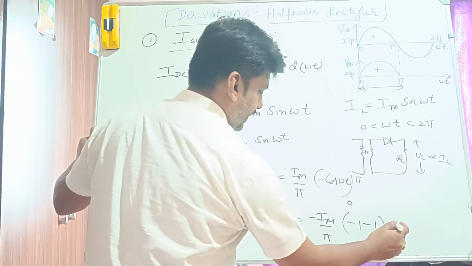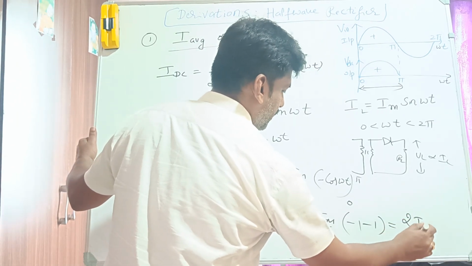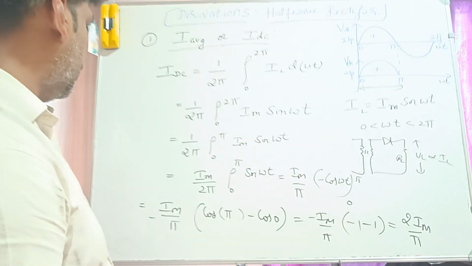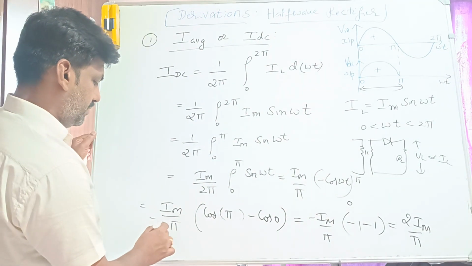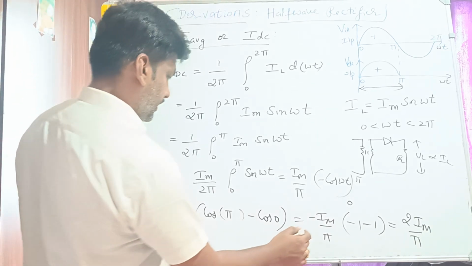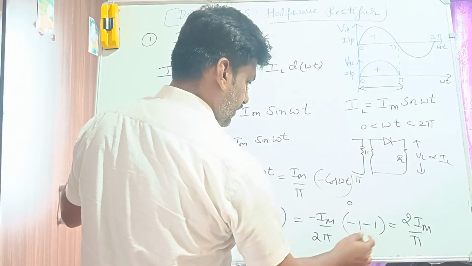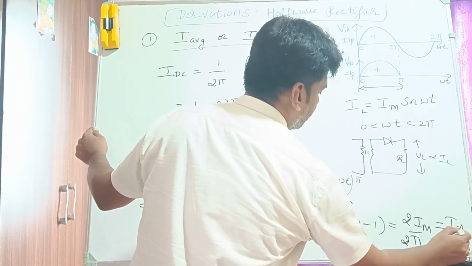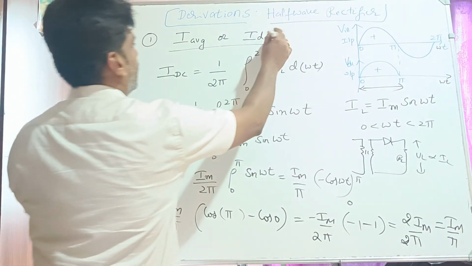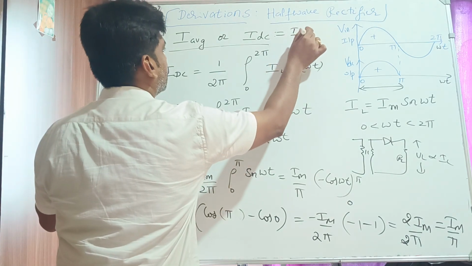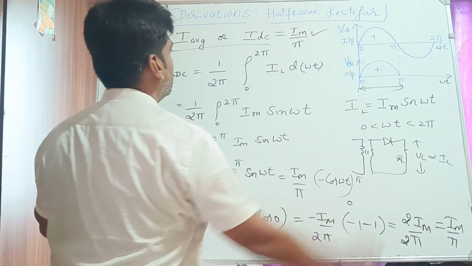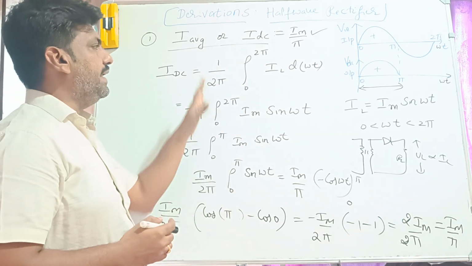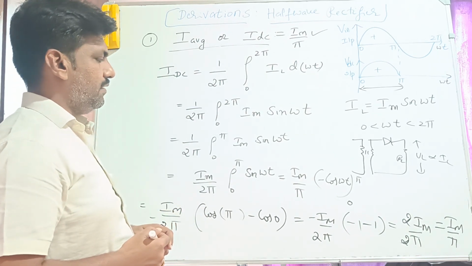So the minus and minus will get cancelled, and you get 2 Im by 2 pi, right? Here 2 and 2 will get cancelled, so you'll end up with Im by pi. So the I average or IDC value is nothing but Im by pi, right? This is how we should derive the I average or IDC for a half-wave rectifier, right?